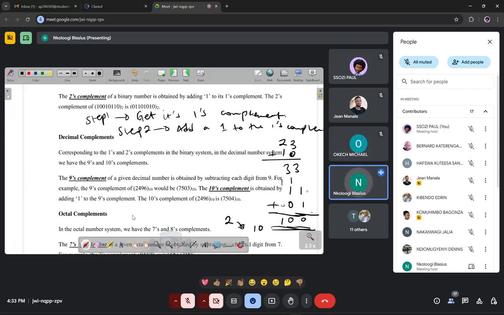If I convert this, 1, 1 is a 3, and 0, 1 is a 1, which makes 3 plus 1 a 4. And if I compute this, it is also a 4. So in decimal, this is just fine.